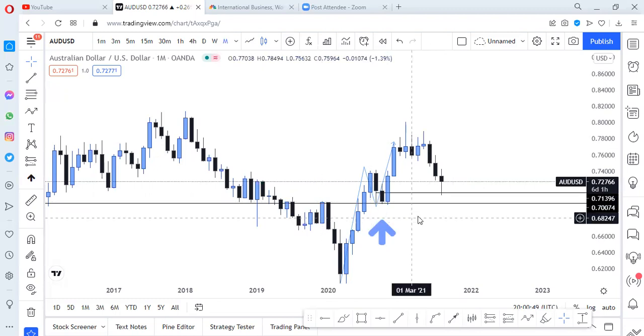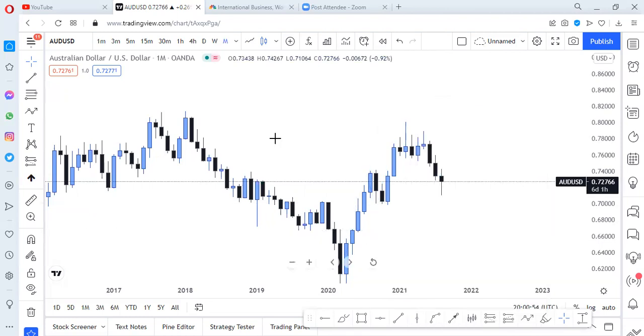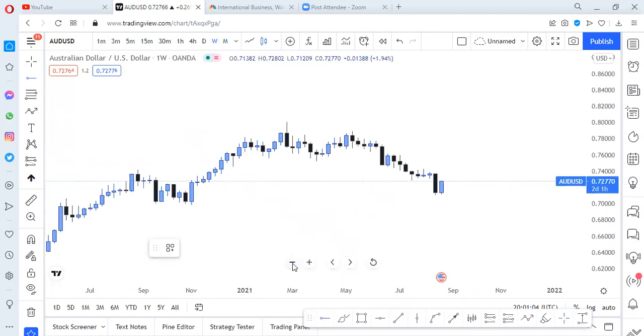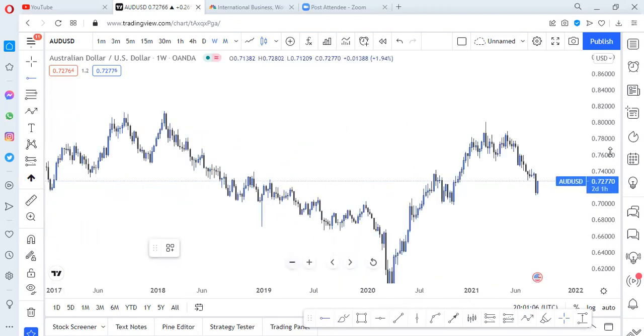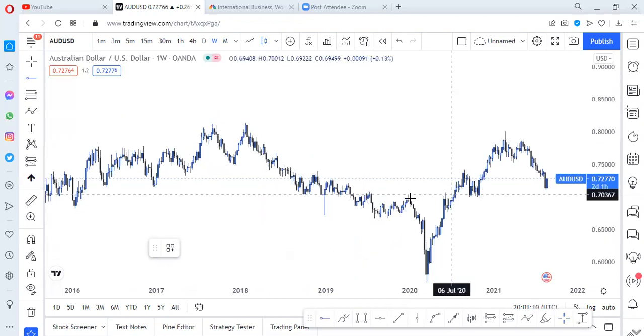So with that being said, actually we need to mark this and move to a lower time frame. So on the weekly chart, we can still see the same thing that we saw on the higher time frame.